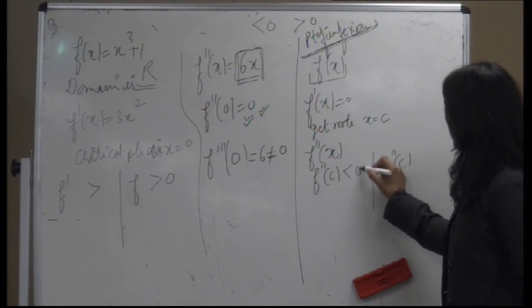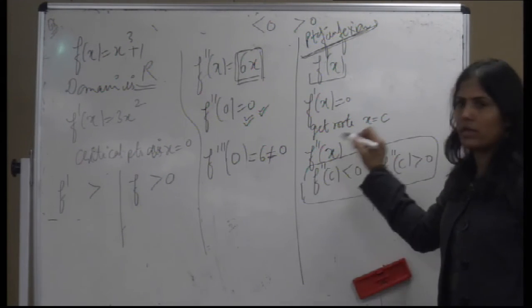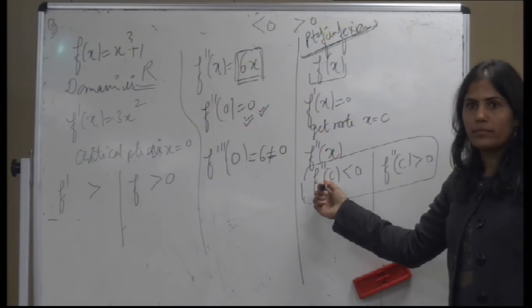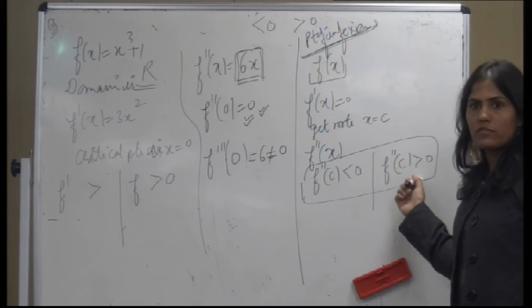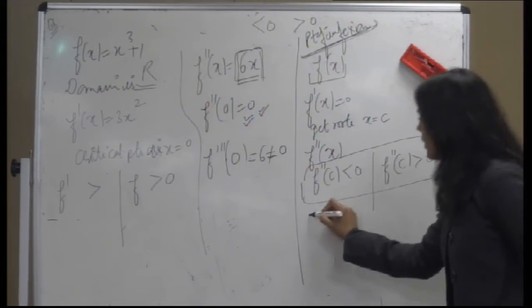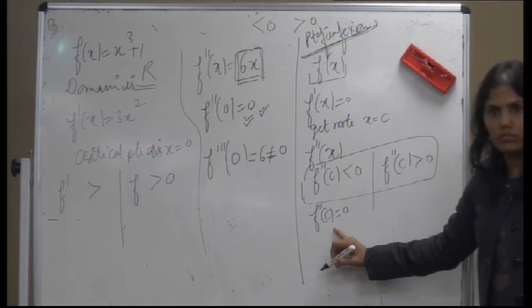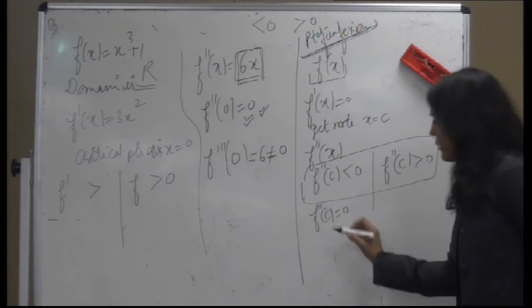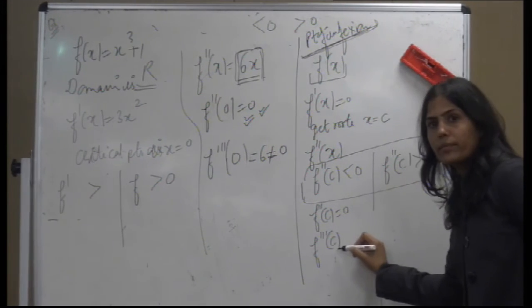Second derivative you calculate, and what do you see? If these are the situations, you can answer something. If this is the situation, point c will be a point of maxima. If this is the situation, point of minima. And now consider the case f double dash c is 0. Please understand it. If this is the situation, what will you do now? You will go to the third derivative at that point.